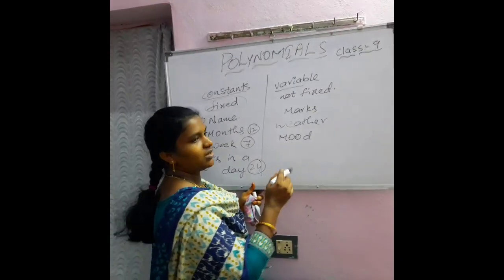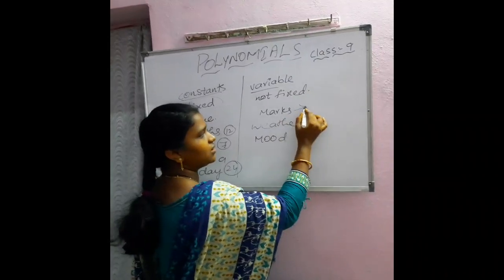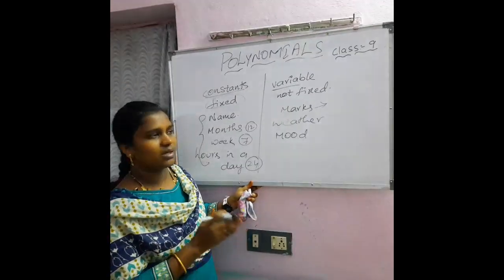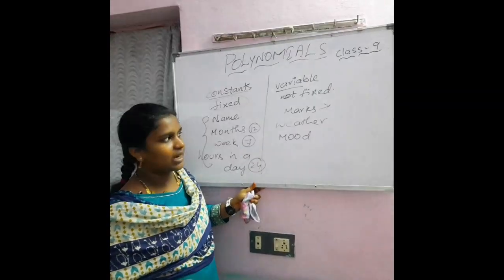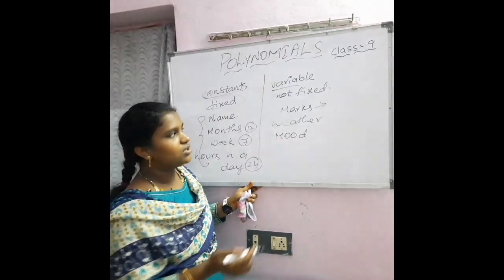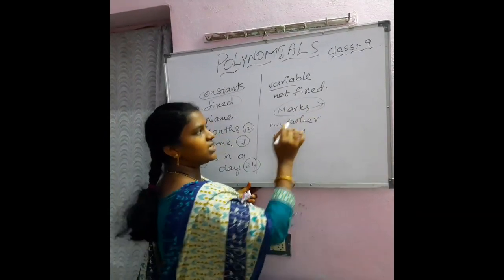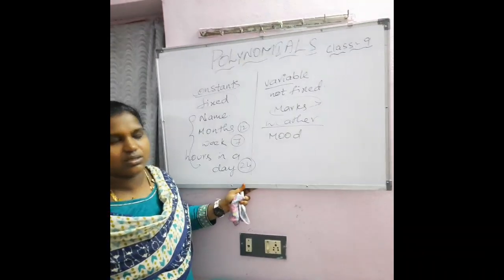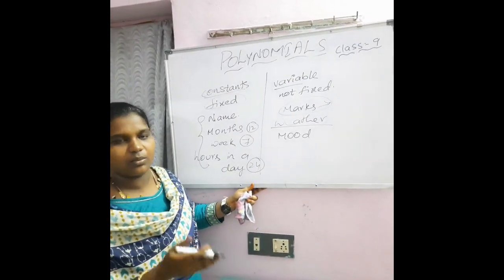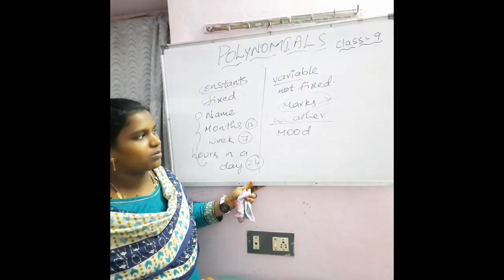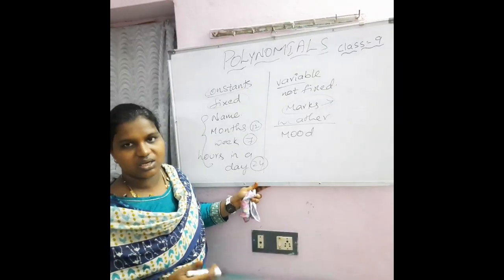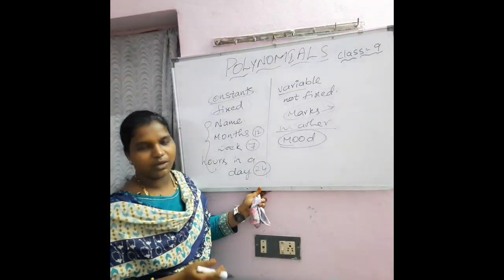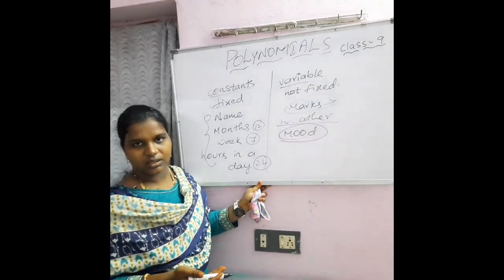Whereas variables, that means they vary. The marks of a person in a class: he may get first rank in the first semester, and he may get second rank in the second semester. So if the marks of a person change, it is a variable. Whereas weather: it is cool for some time in a day and it may change, or it may be hot. That means the weather is changing in a day. The mood of a person: he may be happy for some time and he may get angry at another time.